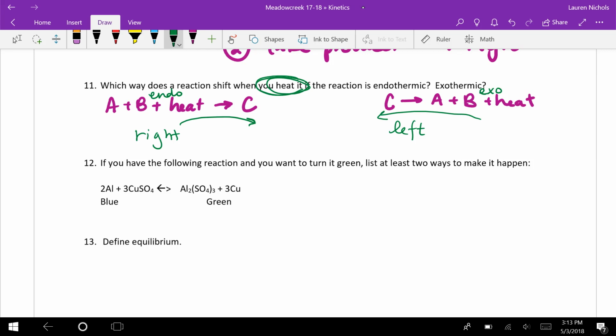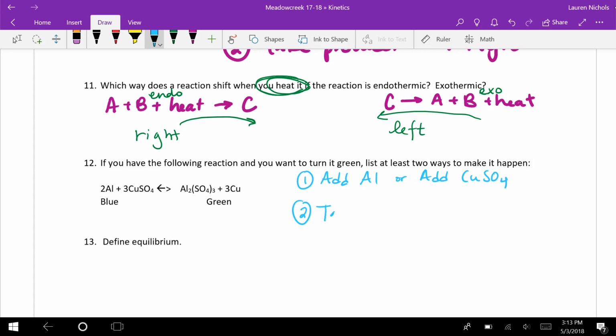Now, if we look at number 12, it says, if you have the following reaction and you want to turn it green, list at least 2 ways to make it happen. Well, let's make one of ours be something we add. If we want to shift it green, we could add away. So we could either add aluminum or add copper sulfate.